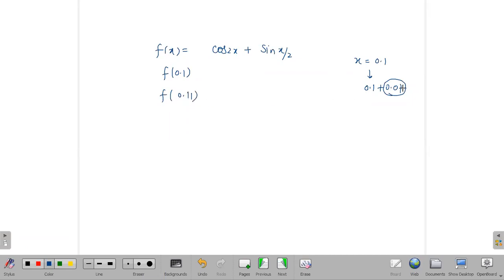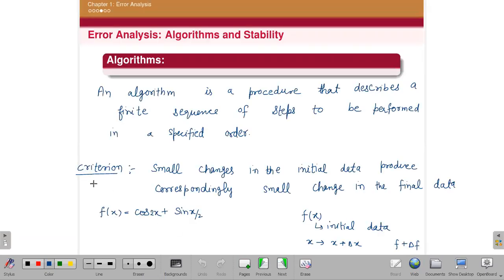Obviously that is a small change in the input, so that also should give a small change in the output that you can find. So then that criteria will follow.